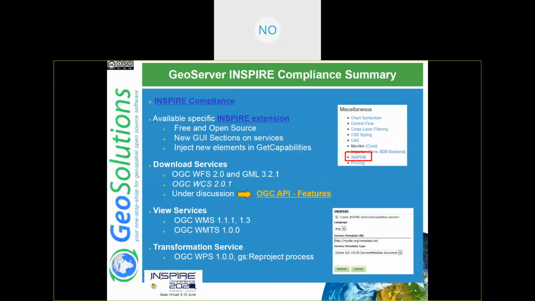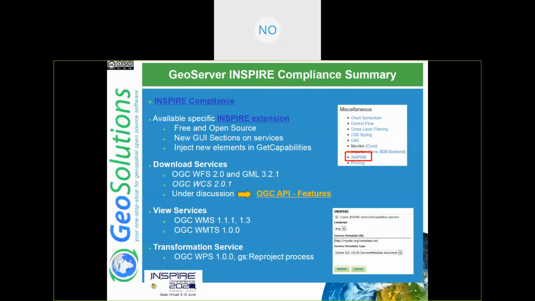Okay, so now let's have a better look at GeoServer INSPIRE compliancy. How does this work in practice? The first thing to know is that INSPIRE is an extension of GeoServer, so it's an extension that we need to explicitly download and install on GeoServer. It will provide a few new UIs where we can configure our metadata and link to relevant metadata, and behind the scenes it will also inject the necessary INSPIRE metadata to make the services compliant.